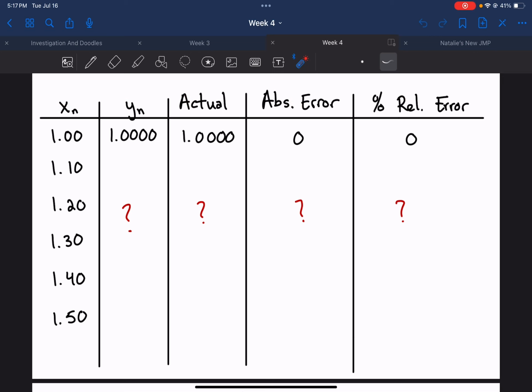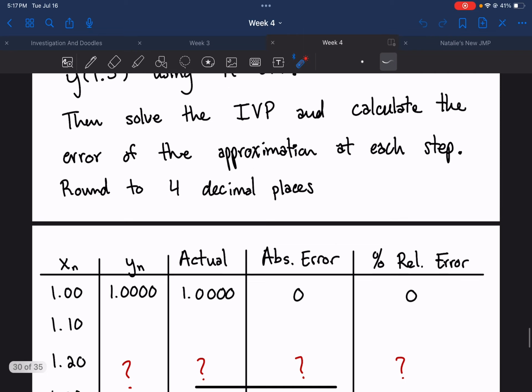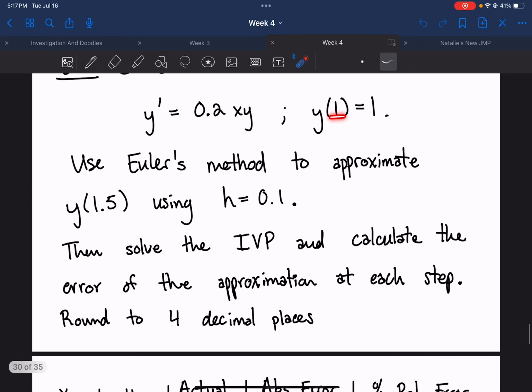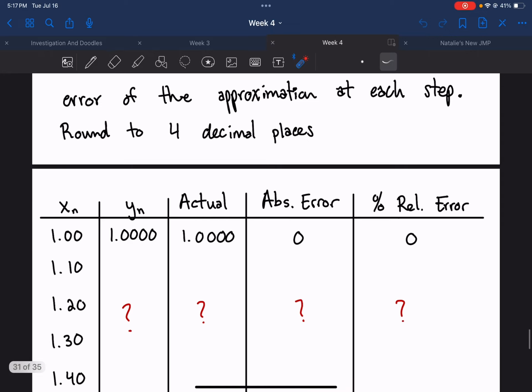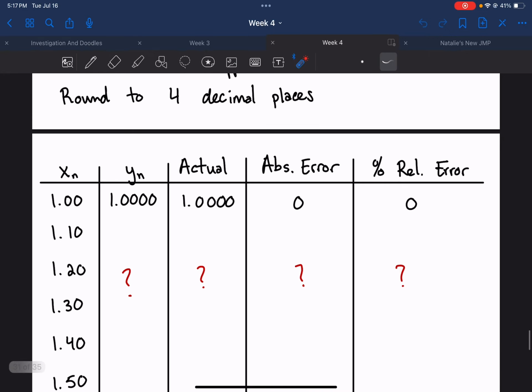Now, I know that I'm starting at x naught equals 1.0. So this is my x naught. This is x0. This is x1. This is x2, x3, x4, and x5. These are my x's.